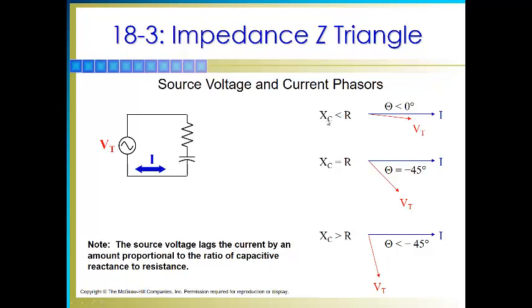More resistance, the angle is smaller than 45; equal, then it's exactly 45 degrees in the negative direction. And if the reactance is more than the resistance, then the angle is less than negative 45.